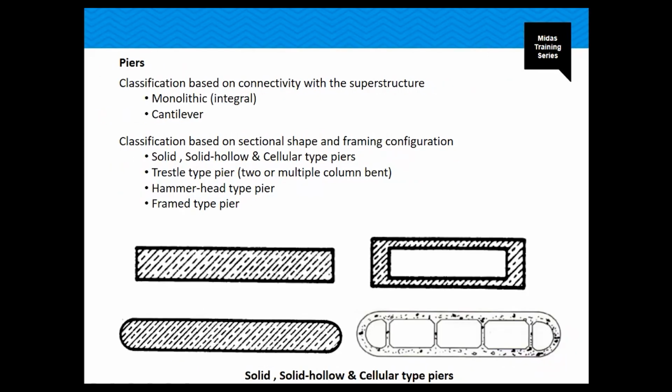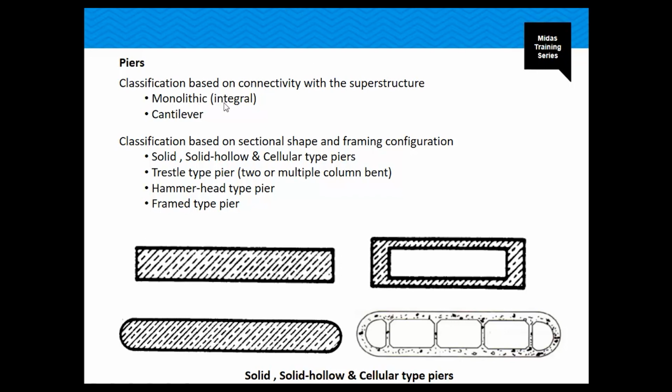There are different types of piers. They can be classified as per their connectivity with the superstructure, as monolithic or integral type, and cantilever type. For example, the superstructure and substructure are separated, as I mentioned, by bearings. Another classification is based on their sectional shape.